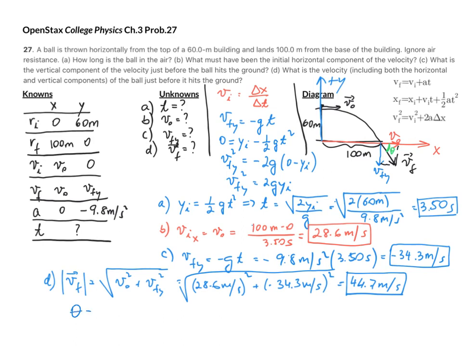So theta is inverse tangent of v final y divided by v final x, and that is inverse tangent of 34.3 meters per second divided by 28.6 meters per second, and plugging in these numbers we end up with 50.2 degrees. So here we have the final velocity, which is 44.7 meters per second in a direction of 50.2 degrees below the x-axis. I'm not going to write that in words here because I already drew the angle, so I know that it is below the positive x-axis.